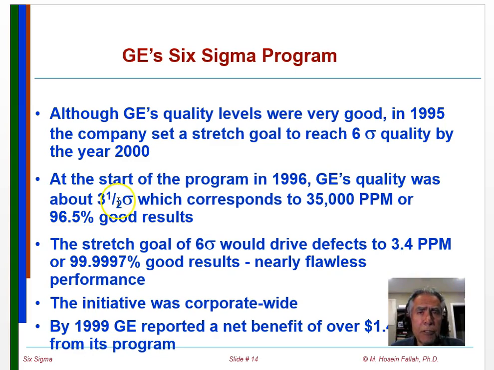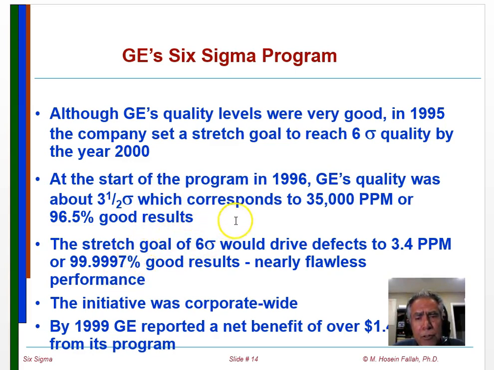Now, GE is a large corporation. It's a global corporation with a variety of products and services. Some of the products, such as jet engines, even at that time, were at Six Sigma or better, given where jet engines are used. But they also had other products like refrigerators, toasters, microwave ovens, dishwashers that were not at Six Sigma.